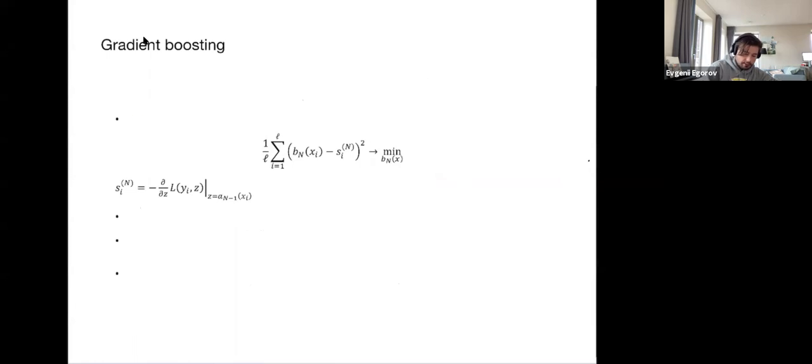So let's recap what I said. We fit a new model, maybe except the first one, with solving regression problems. We define these guys and call them residuals. Again, this is the derivative of the loss function in each training point, but the derivative over the outputs of the already learned algorithm.